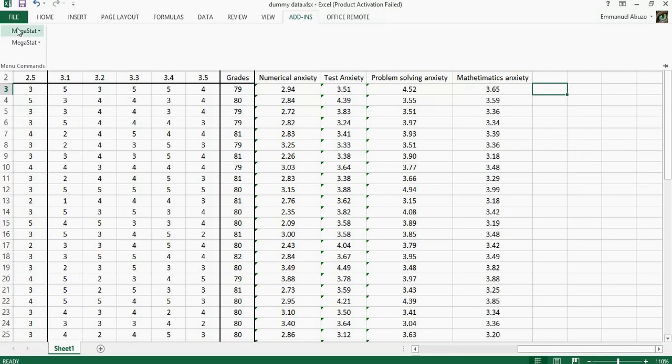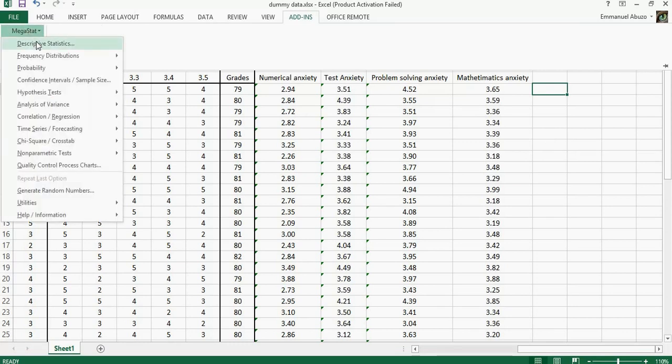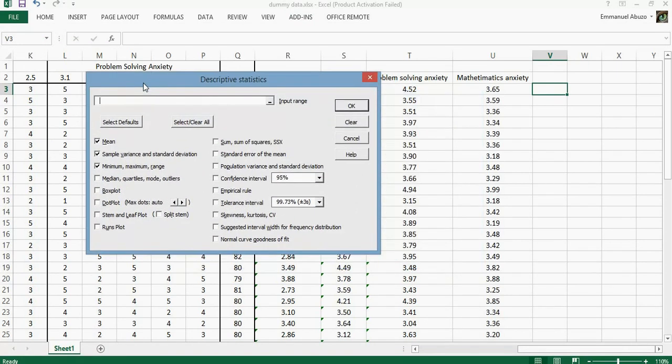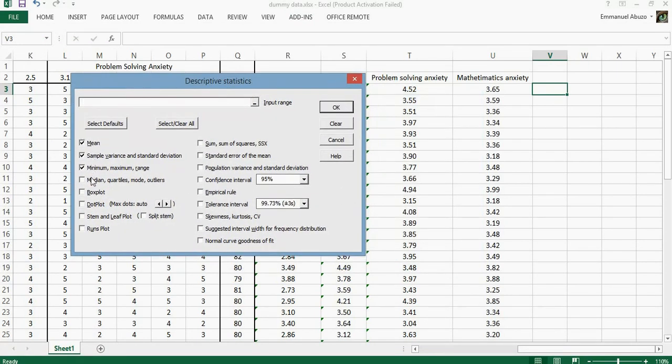Now, let's click MegaStat, descriptive statistics, and then as you can see here, you can check or uncheck the data that you're going to use. In this case, I will uncheck the minimum and maximum range.